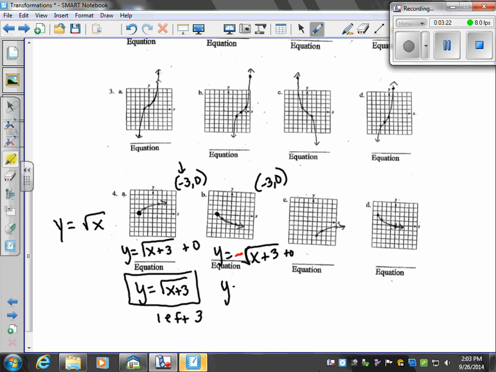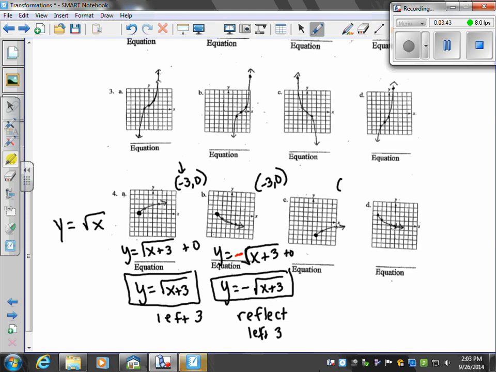So y equals the negative square root of x plus 3, which just means reflect it, and then to the left 3 units.